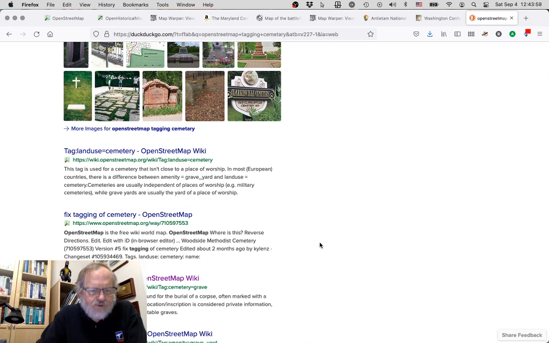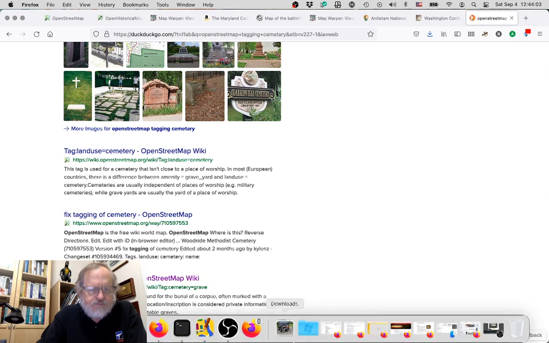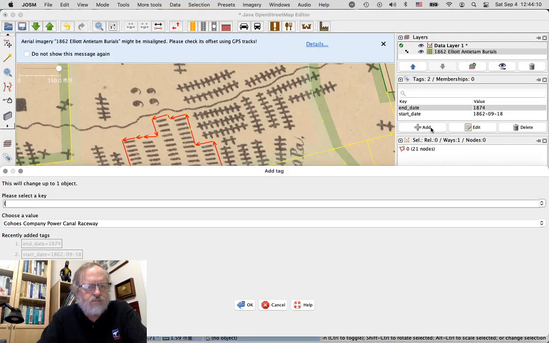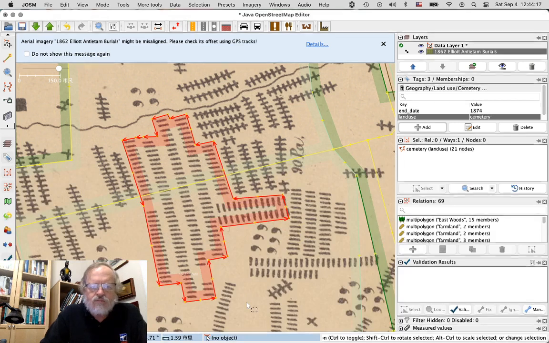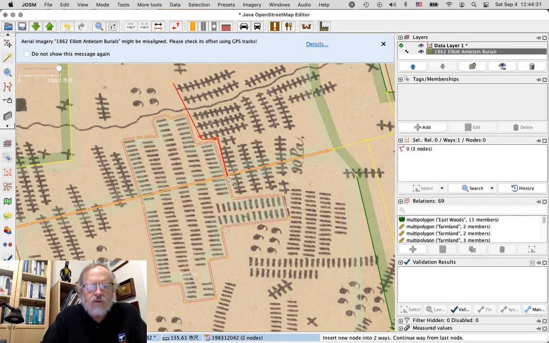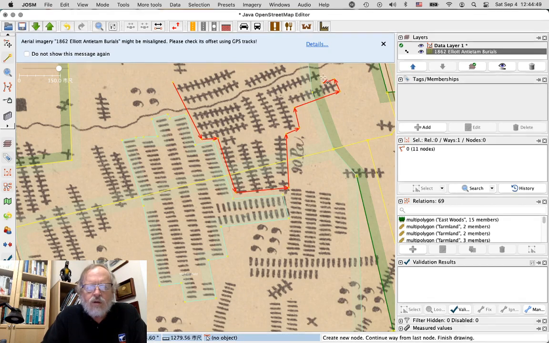Cemetery independent of place of worship, so cemetery makes sense. So tag.